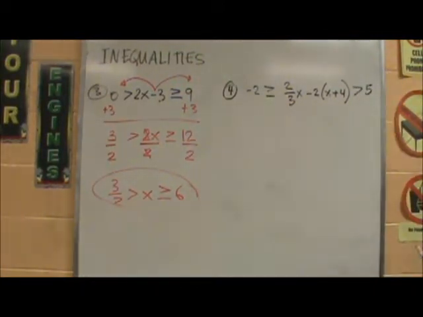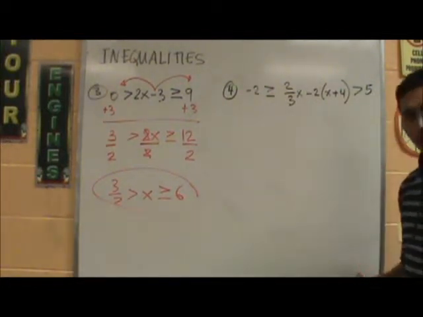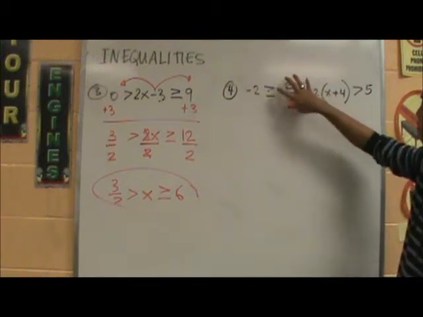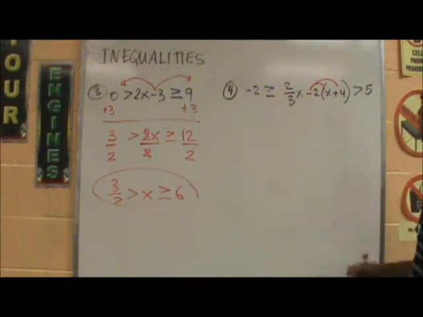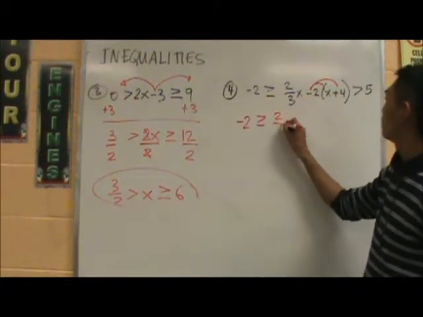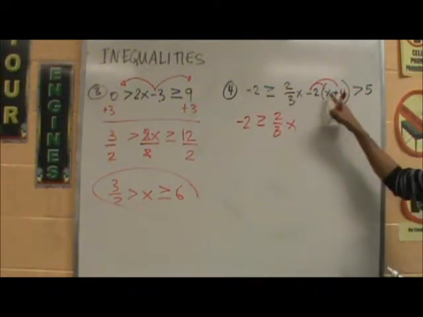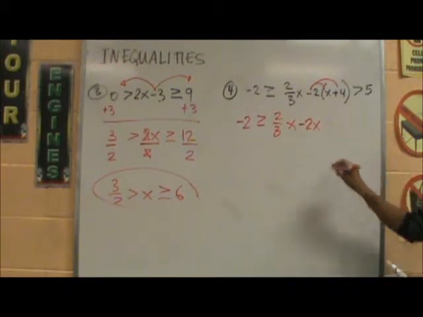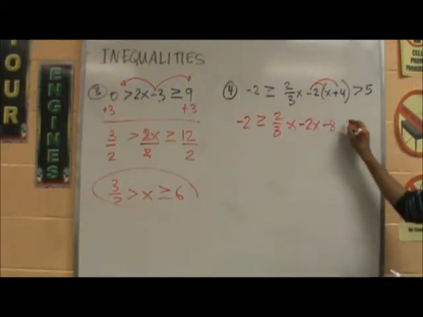This is interesting. Again, from what we learned before, to get rid of that fraction, we have to get rid of the parentheses first. Negative 2 times x is negative 2x. Negative 2 times positive 4 is negative 8.